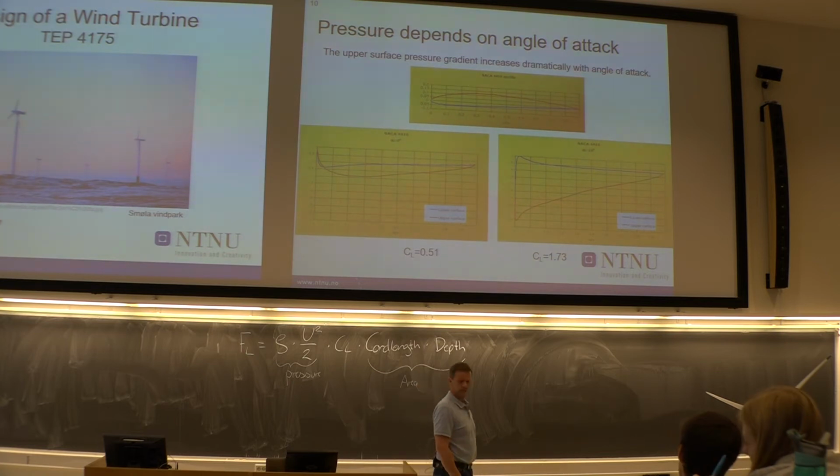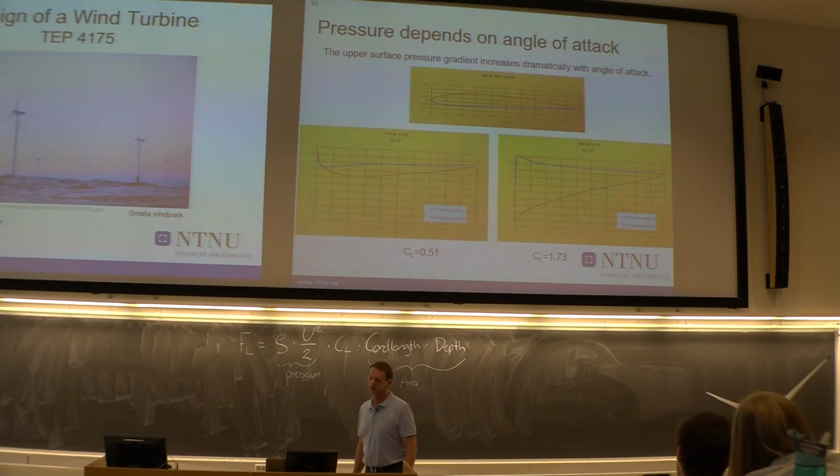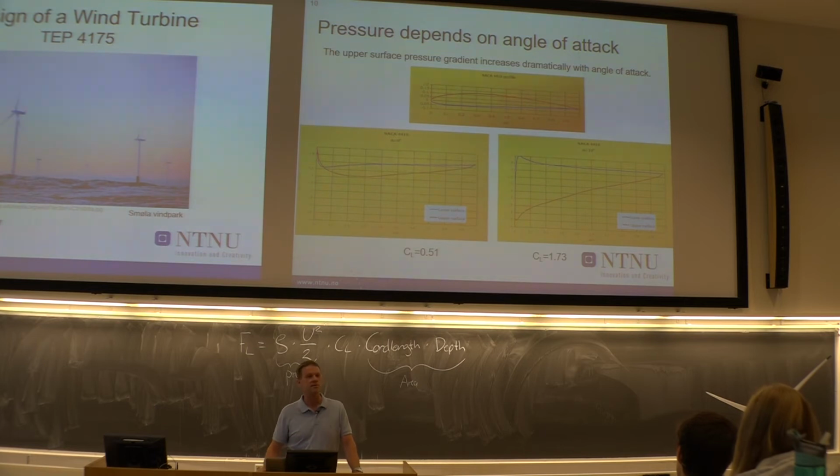Each blade has its pressure distribution and its CL, and this is just an example of a NACA profile, data from NACA that shows what kind of lift and drag, or in this case, pressure distribution at 0 degrees angle of attack and at 10 degrees angle of attack.